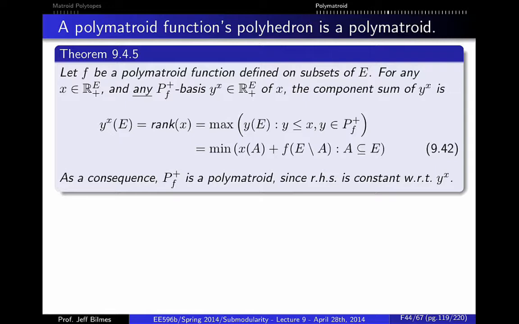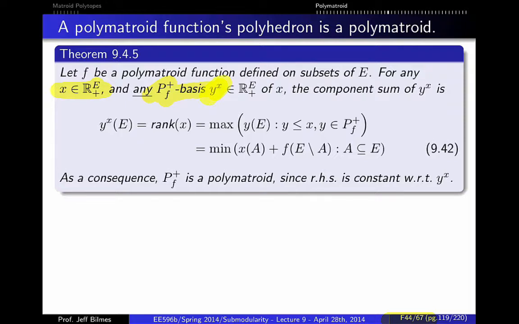So let's read the theorem. Say you've got a polymatroid function f defined on subsets of E, and you choose any vector x from the non-negative orthant, and any P_f basis y. Remember, whenever we're talking about a basis, it has to be relative to some polytope, and here the polytope is the one defined based on the polymatroid function.